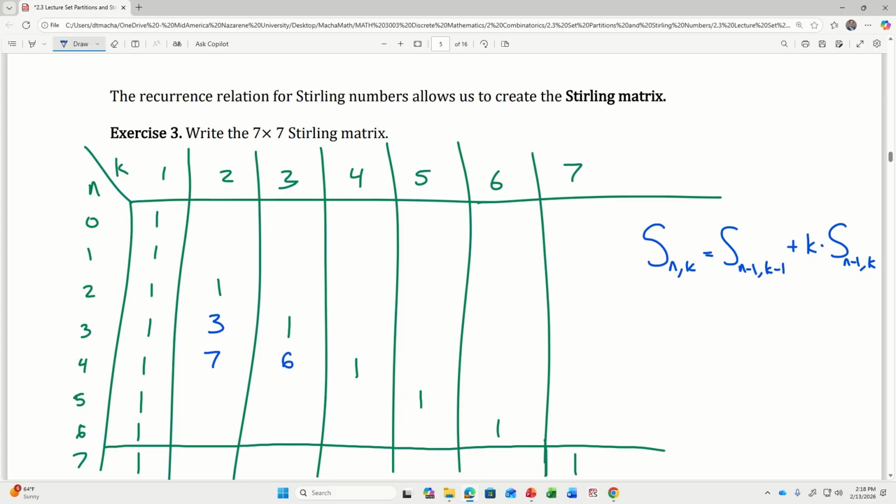Okay, below the 7, this has to be 1 plus 2 times 7, 15. Below the 6, this has to be 7 plus 3 times 6, 25.